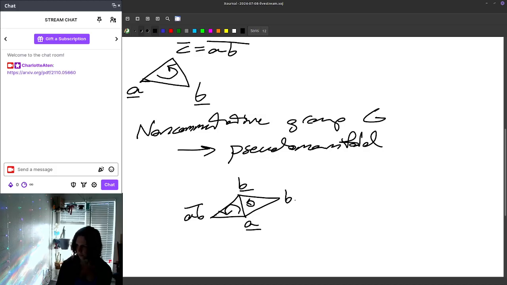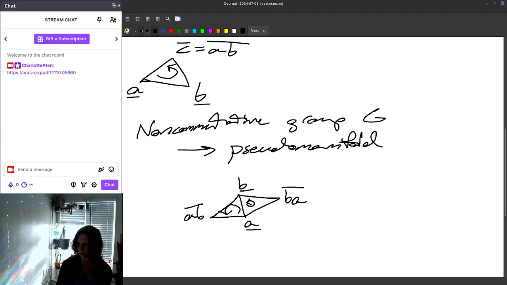So here's the opposite product, B times A, and for some technical reasons, I don't want them to be the same. So A times B is something, B times A is something else, and these orientations help us keep track of which is which.